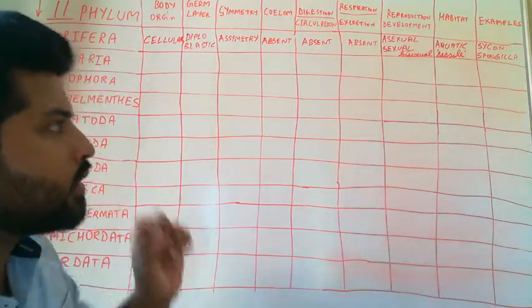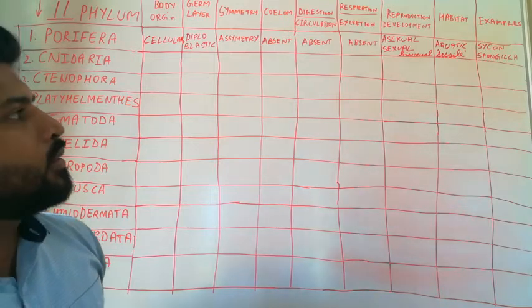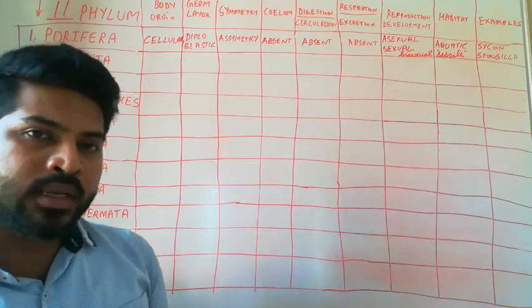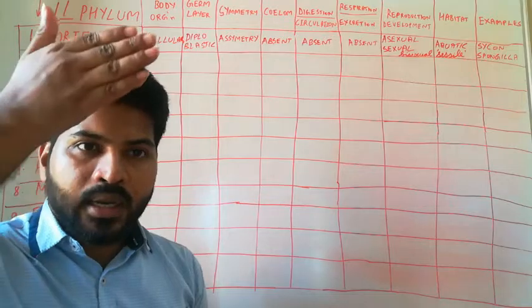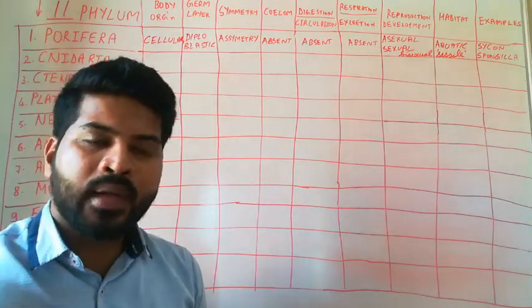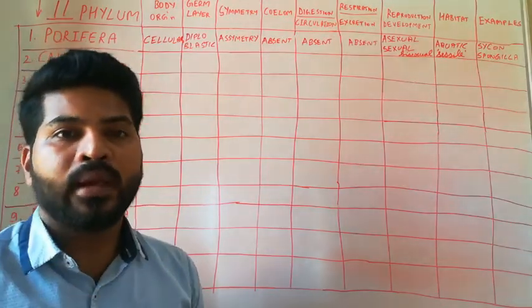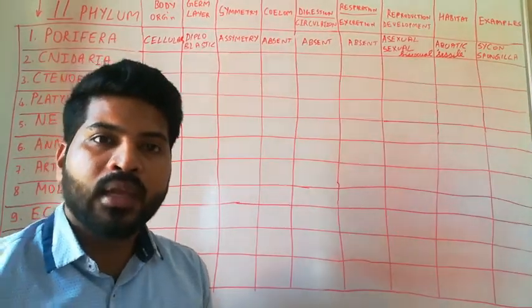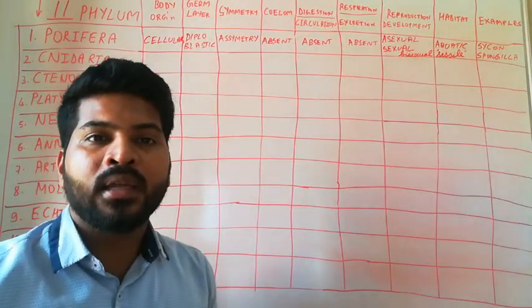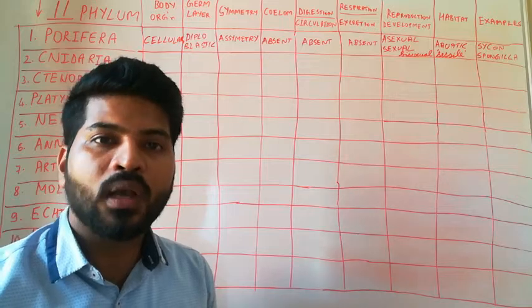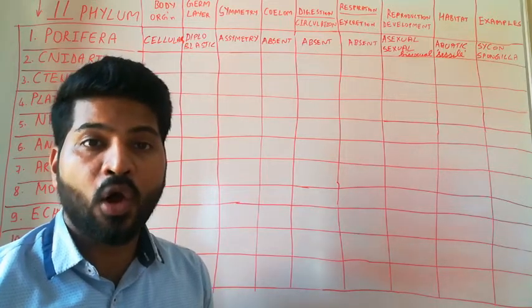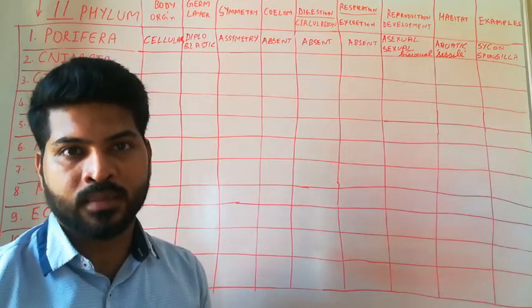Another interesting point to note here is the inner cavity, the hollow cavity inside the body, which is lined by specialized cells called choanocytes or collar cells.